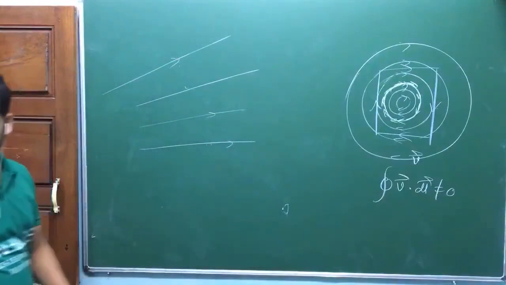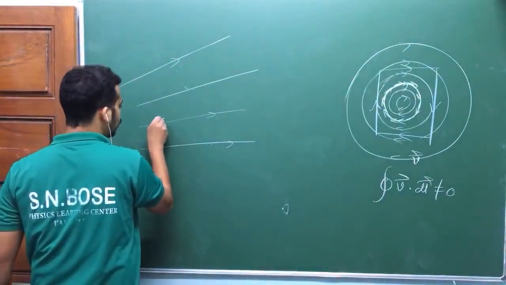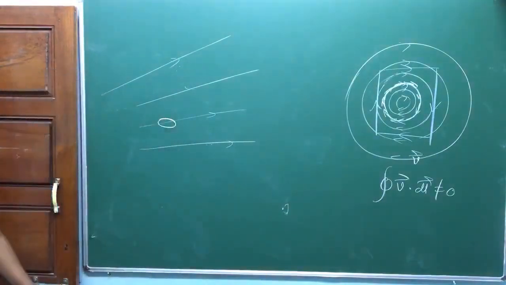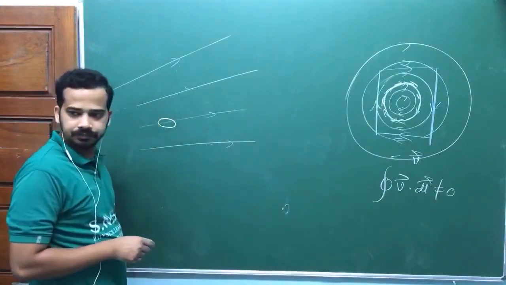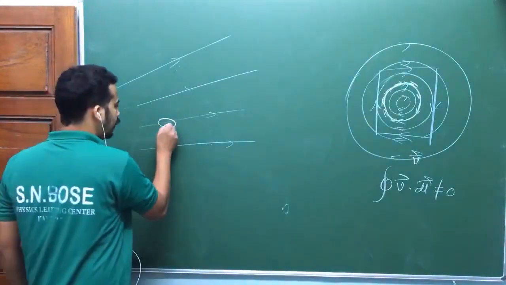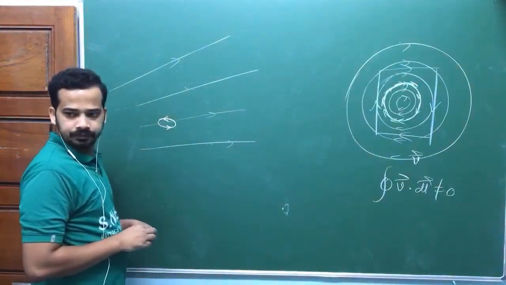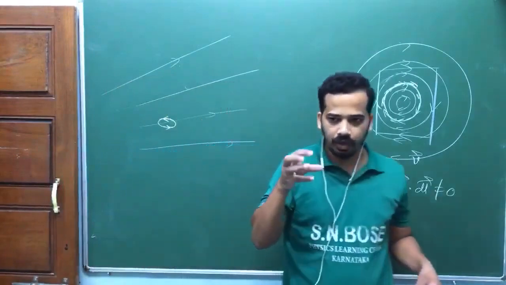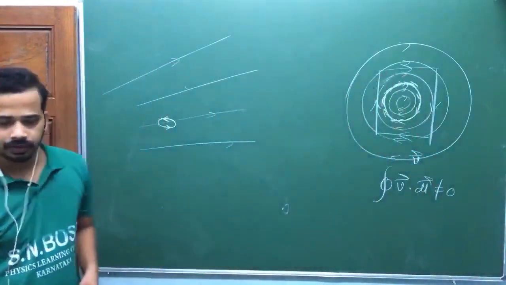Now what I do is I'm going to take an infinitesimal closed line, and I'm going to take the line integral of the vector field around the infinitesimal, very small closed loop.